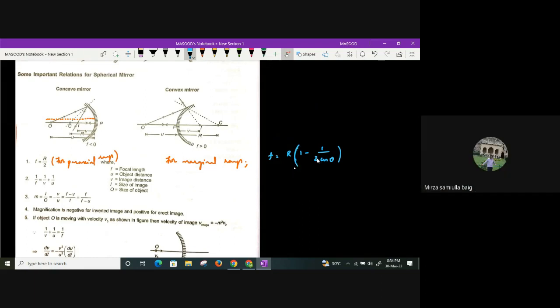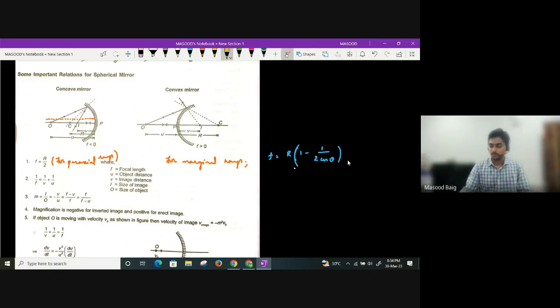Yes, sir. Right, this is the focal length formula for which type of rays? Marginal rays. What are marginal rays? Those rays which are parallel to the principal axis but a certain distance away from it. What are paraxial rays? Those rays which are parallel to the principal axis and close to it are called paraxial rays. For paraxial rays, it is R by 2. For marginal rays, it is R into 1 minus 1 by 2 cos theta.